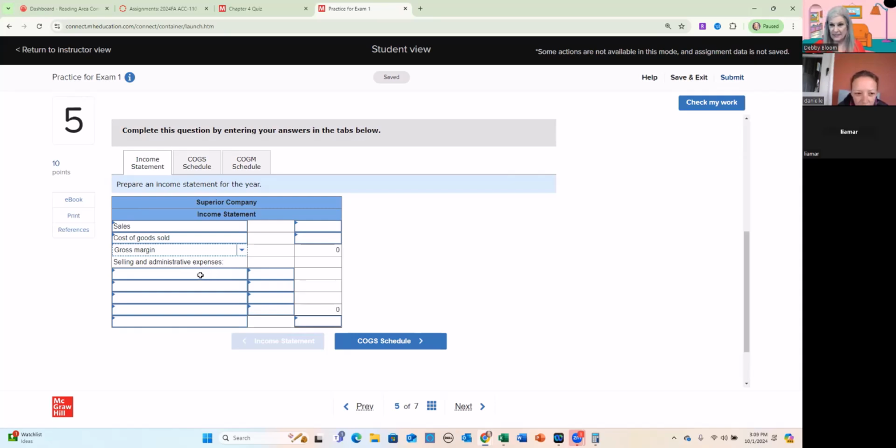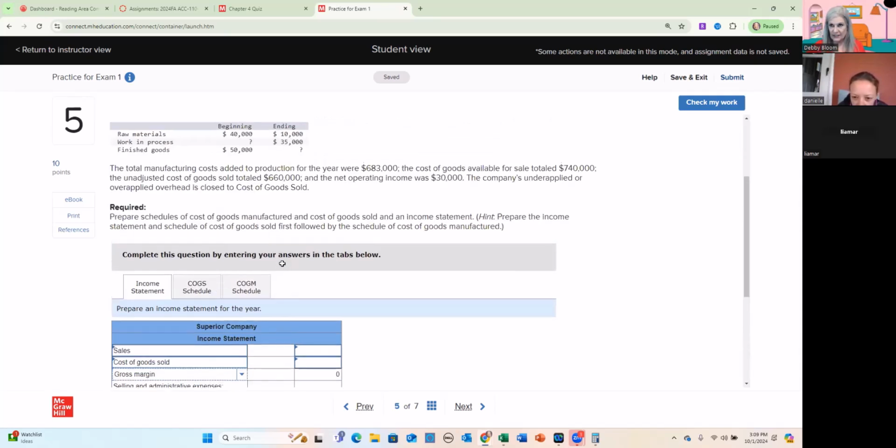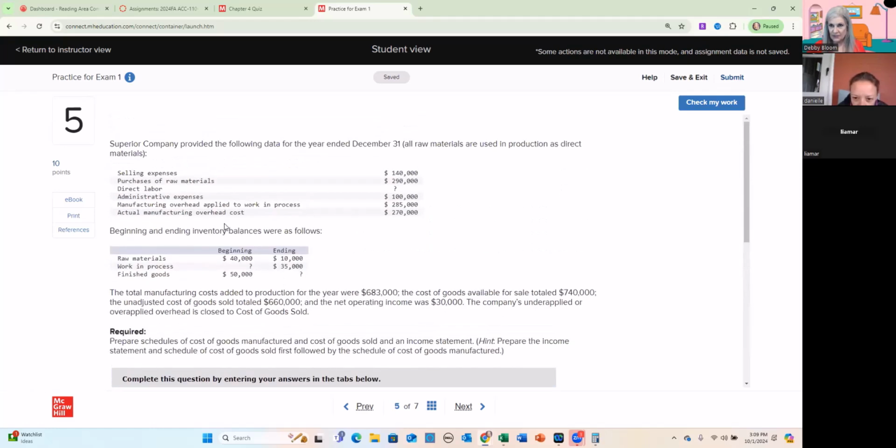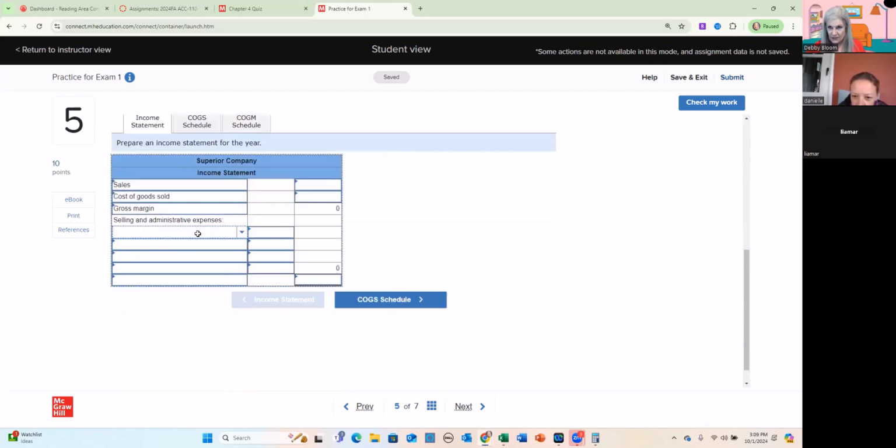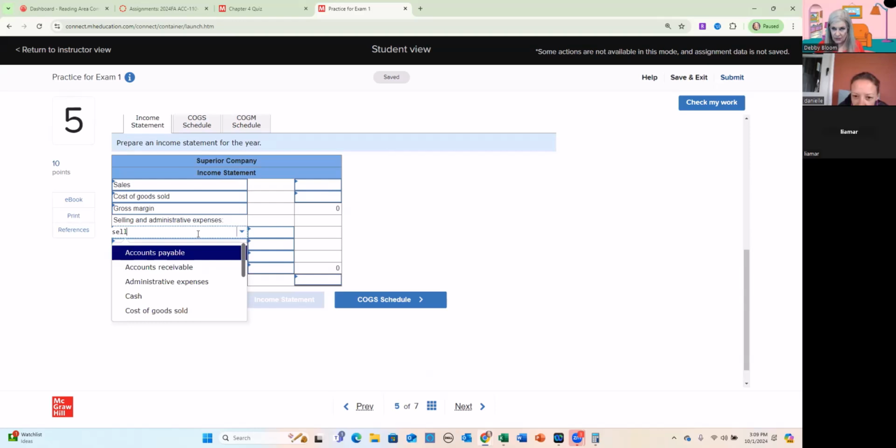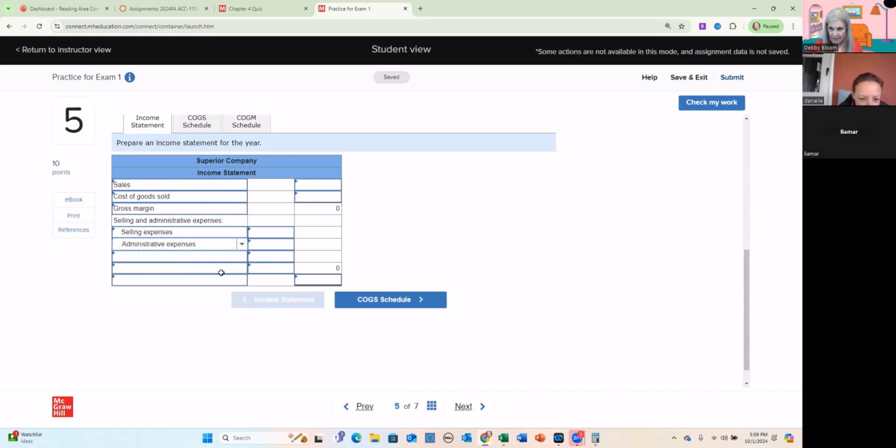Now, we subtract all of our selling and administrative expenses, which are our selling expenses and our administrative expenses. I thought there was something that goes here, but I think it's blank. That will be the total expenses, and that is going to come down to our net operating income.